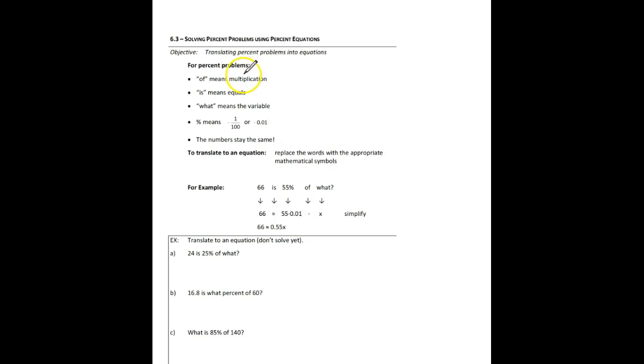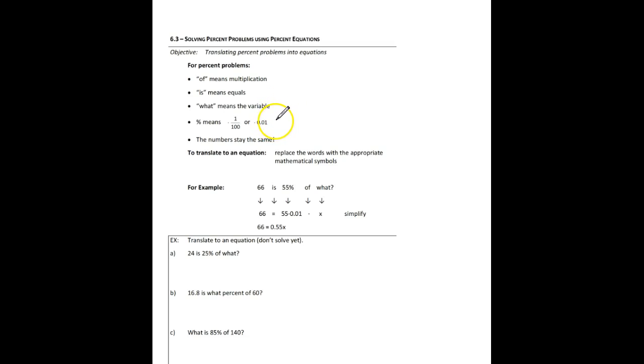The first is the word of in math means multiplication. So whenever you see of, you should think that's going to mean we're going to multiply. The word is means equals. So when we see is, we're going to turn that into an equal sign. And the word what, which is usually referring to what we're trying to figure out, is going to represent our variable.